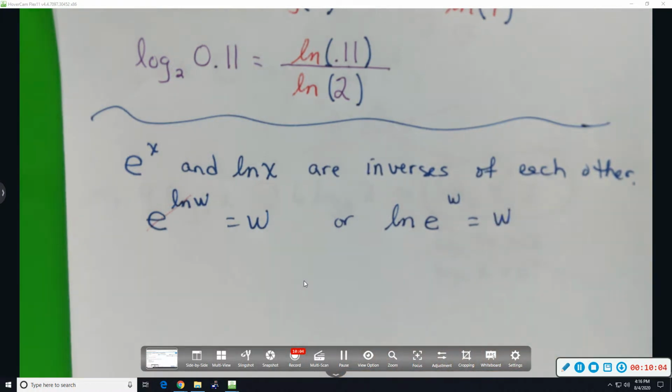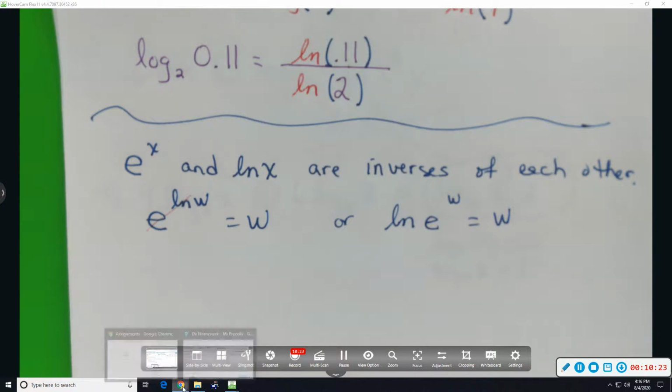Those are inverses of each other. That's what you call two functions that cancel each other out, like multiplying by 7 and dividing by 7 are two inverse operations. So f of x equals 7x, and f of x equals x divided by 7 are inverses.